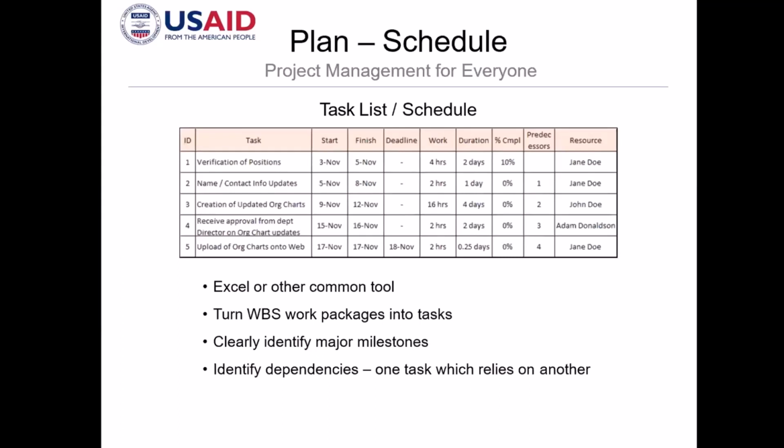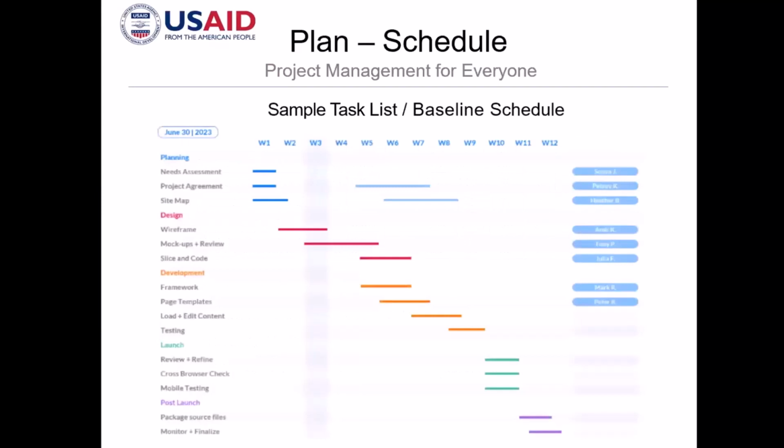So this is what we call the work breakdown structure work packages. So once you're done with adding all of your work breakdown structure or tasks, then you can come up with a schedule. So this is how it looks, right?